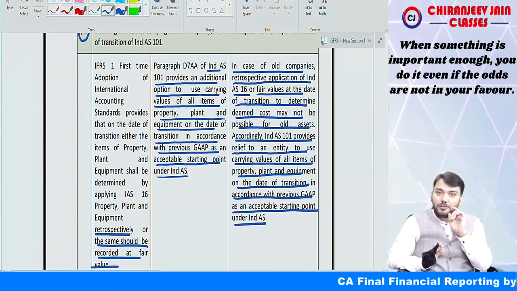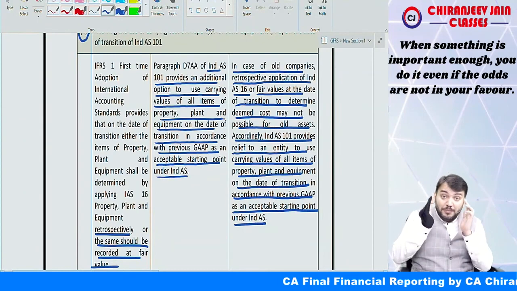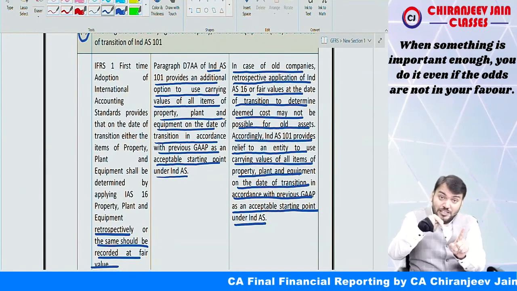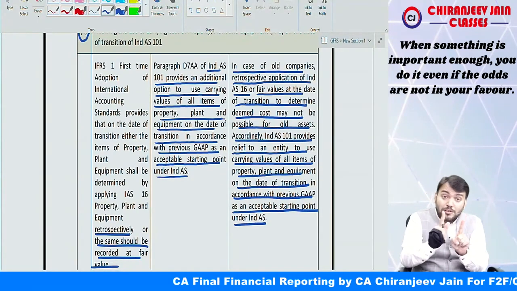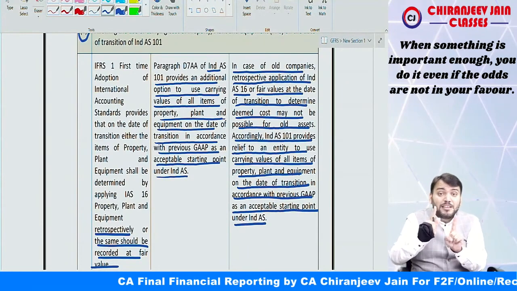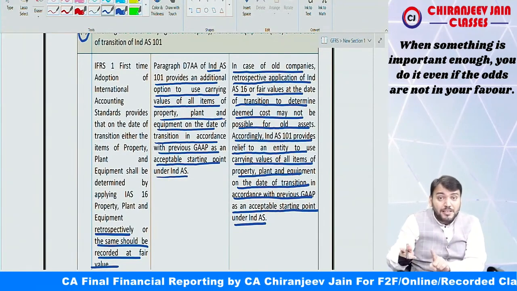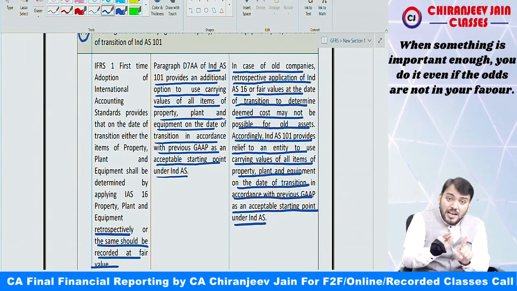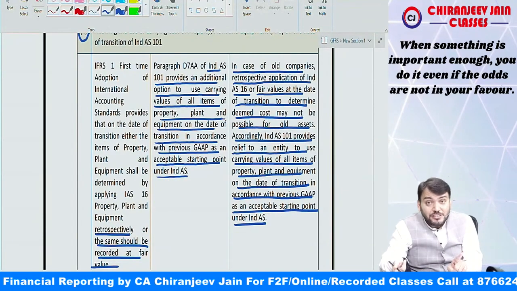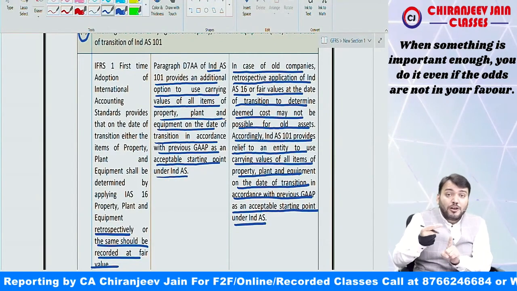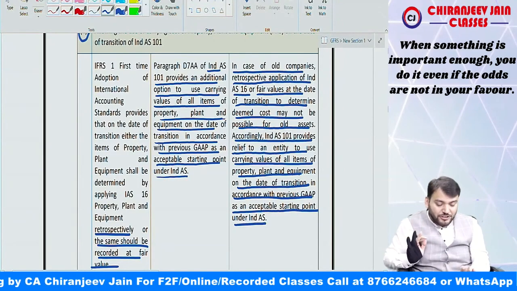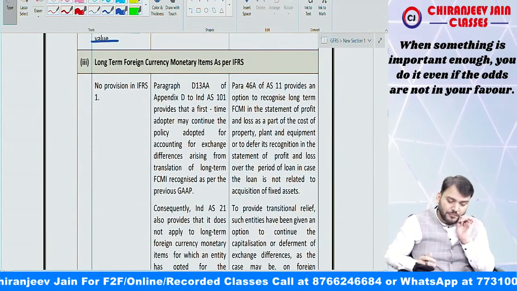I hope you have understood. Correct? Means you need to be very clear. Under IFRS, you cannot start by using the carrying amount of PP as per previous GAAP. Means either you need to apply IAS 16 on a retrospective basis, or you need to take fair value on the date of transition. Yes, sir, we have understood.